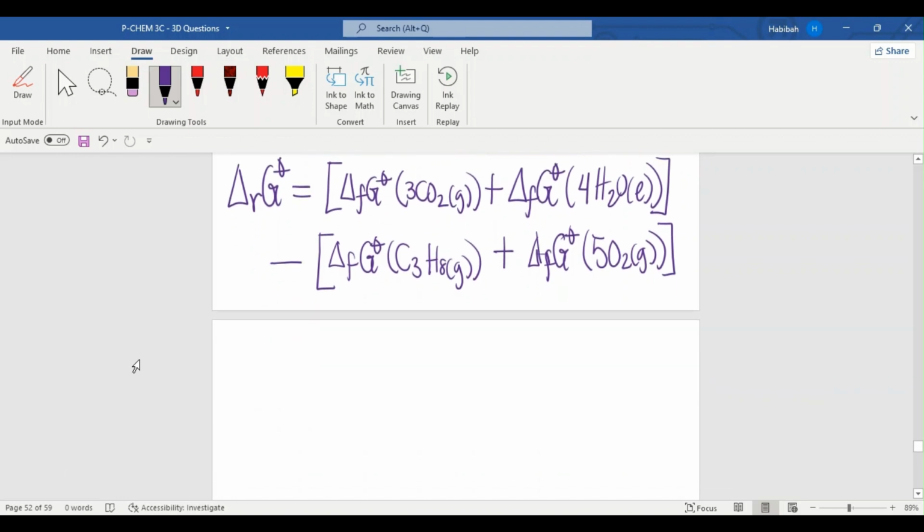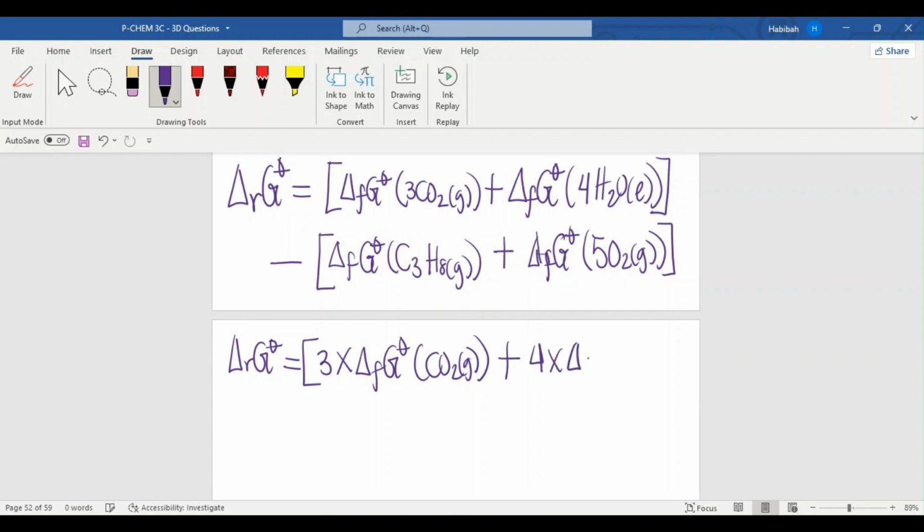Now, I wanted to quickly mention this to you guys. This is the first organization. We have to reorganize this a second time, to bring out the coefficient that isn't one. If there's a coefficient in front of any of the compounds, you bring it out, except if that coefficient is one. So you say three times the Gibbs energy of formation for CO2 gas, plus four times the Gibbs energy of formation for H2O liquid.